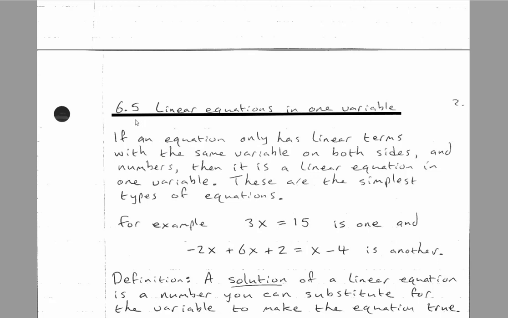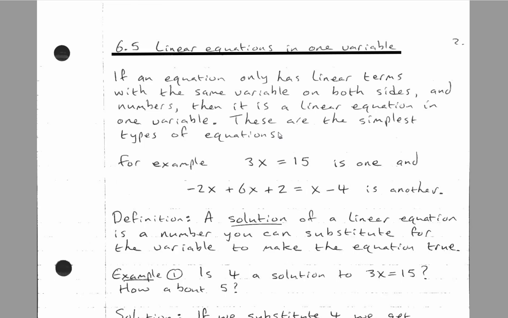Right, so this section 6.5. If an equation only has linear terms with the same variable on both sides, as well as numbers, then it is a linear equation in one variable. And these are the simplest types of equations. So that's all we're looking at in this chapter.